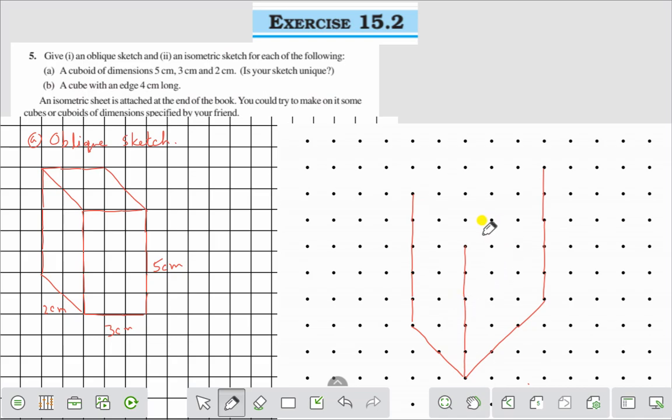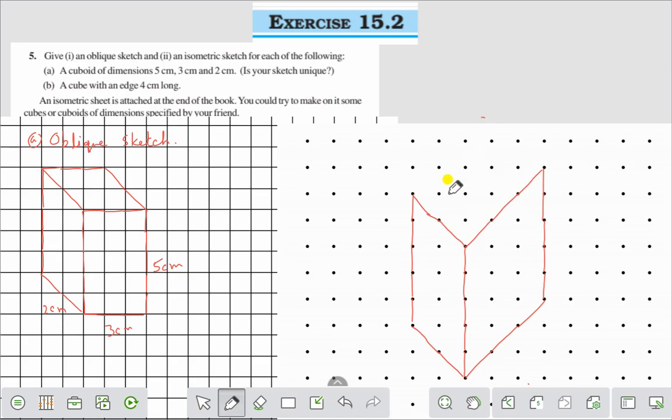I will draw this one, that is 1, 2 and 3. We join this one, 1, 2. You draw this one. This is 3 actually. Let us take another point here.